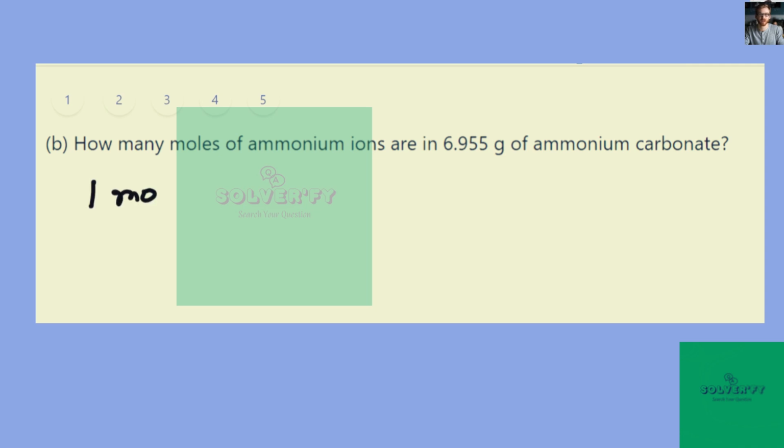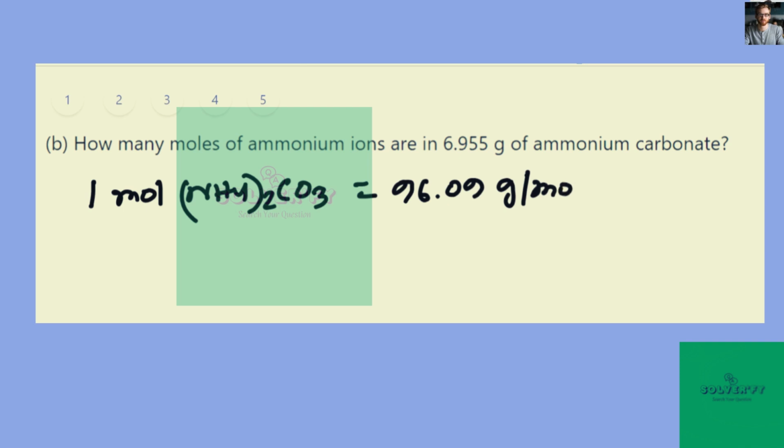That means 1 mole of ammonium carbonate is 96.09 gram per mole, as it is the molar mass of ammonium carbonate.